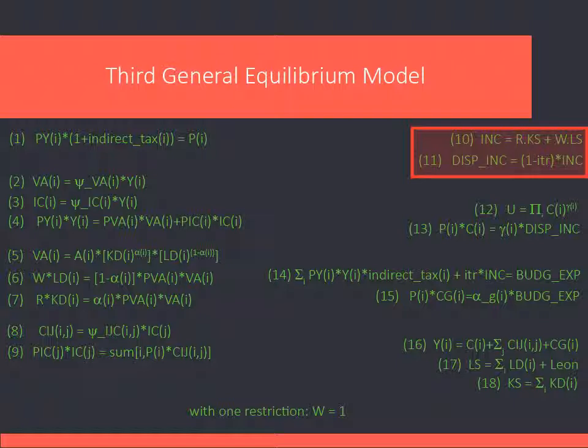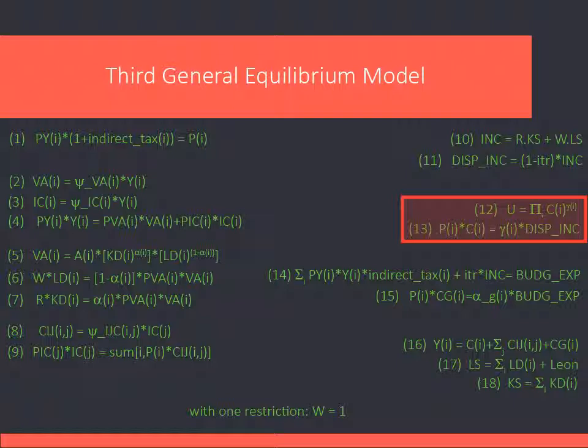And then we have a sixth block, which is the final consumption block, which defines the level of utility attained by the representative household, which has Cobb-Douglas preferences.